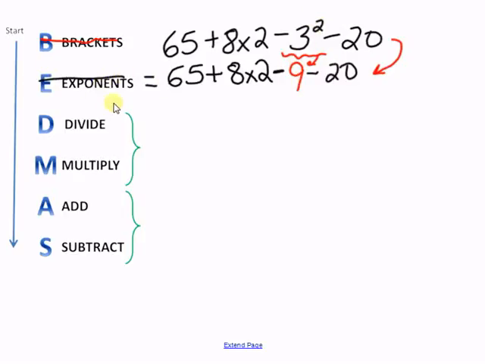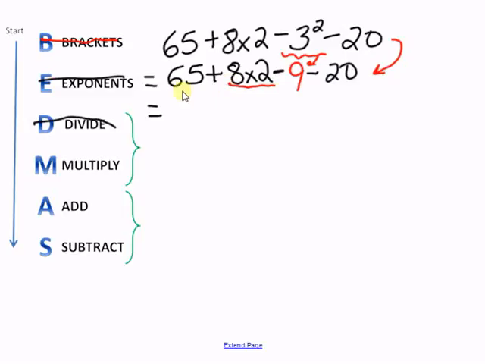So, done. Is there any division? No. Is there any multiplication? Bingo, right there. So, I worked through until I found the next thing I have to do. So, I like to underline the part that I'm doing. It helps me identify what I'm supposed to do next and what to focus on.